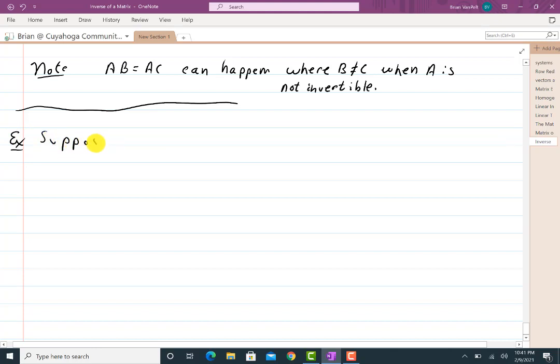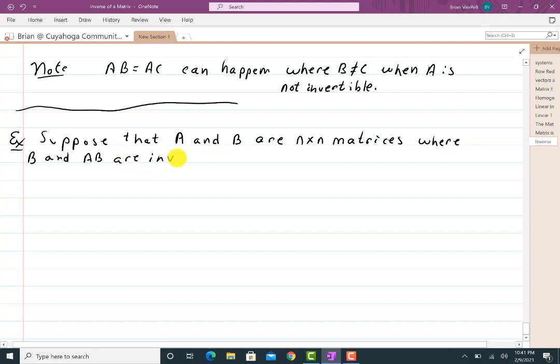Suppose that A and B are n by n matrices where B and AB are invertible. Show that A is invertible.